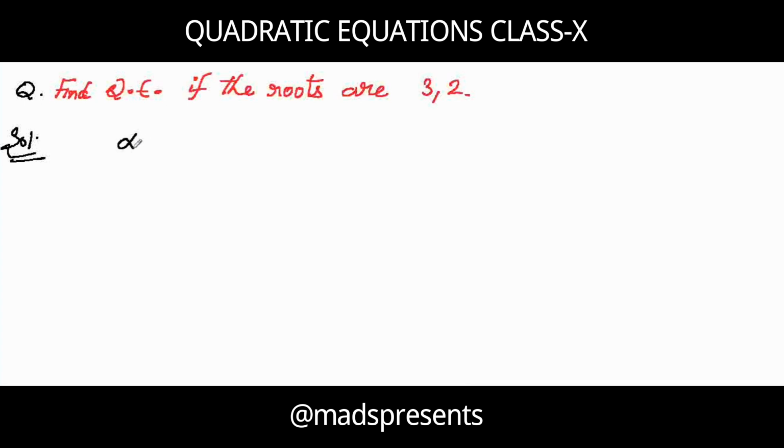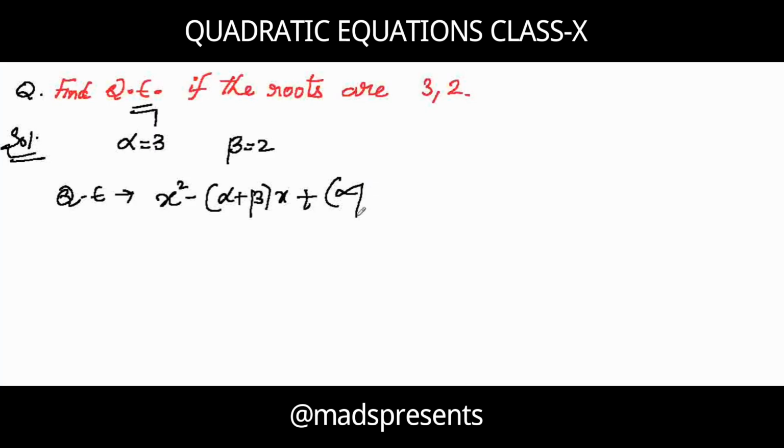Alpha, the first root, is given as 3 and beta, the second root, is given as 2. Two roots are given. We know a quadratic equation will have two roots, so 3 and 2. So what is the quadratic equation? Form of quadratic equation: x square minus sum of the roots, that is alpha plus beta, into x plus product of the roots alpha beta is equal to 0.